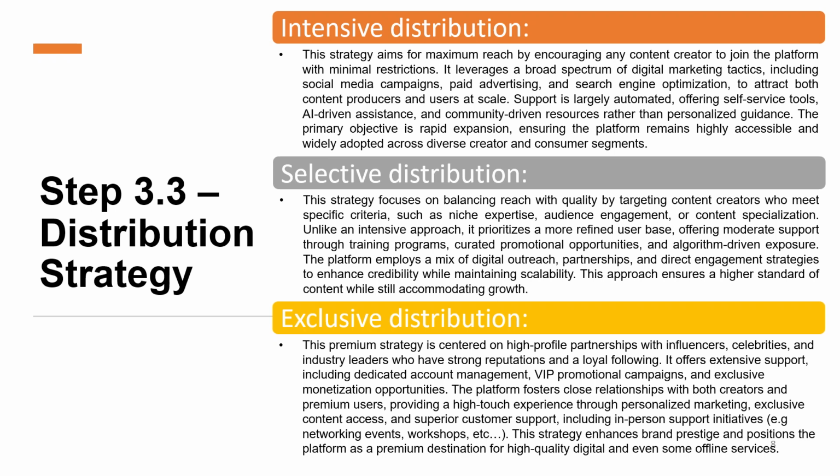In this case, you have some support via training programs, creative promotions, and other types of technological support. You have a combination of digital outreach, partnerships, and direct engagement strategies to increase credibility while scaling. Your objective is to ensure higher content standards, but also maintain some growth potential.